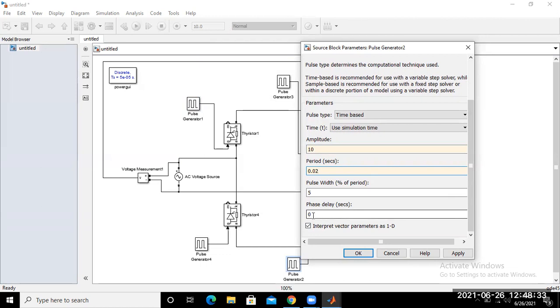That means 30 degree divided by 360 into the time period, that is 0.02. So 0.083 into 0.02.